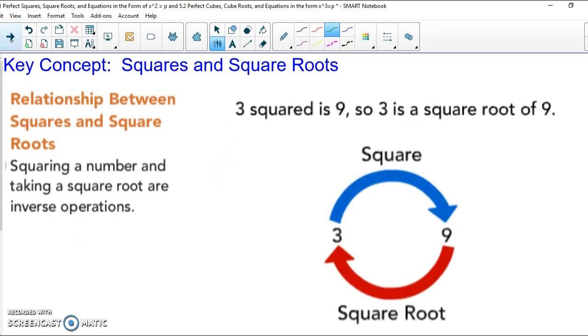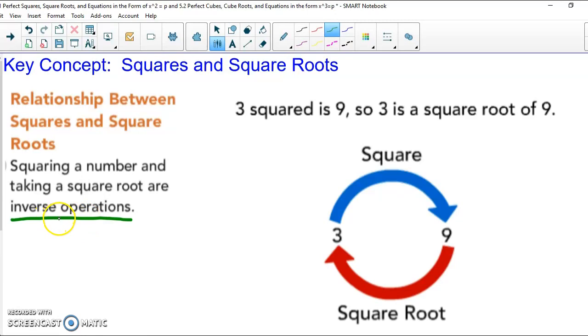So just so we understand the relationship between squares and square roots, squaring a number and taking the square root are inverse operations. This is a little tidbit that you will want to file away and keep in mind for down the road, and certainly in algebra next year.